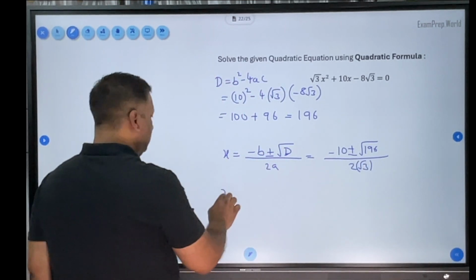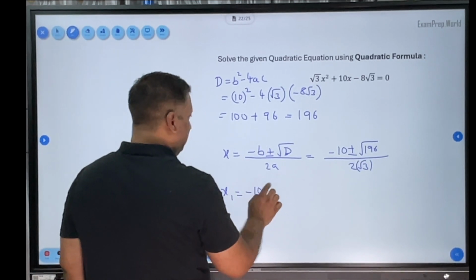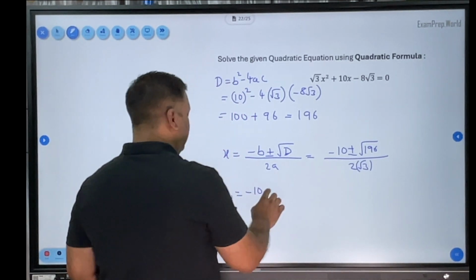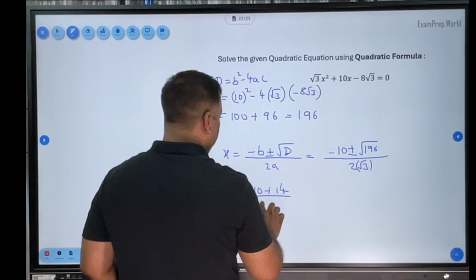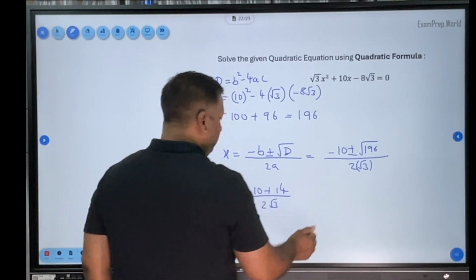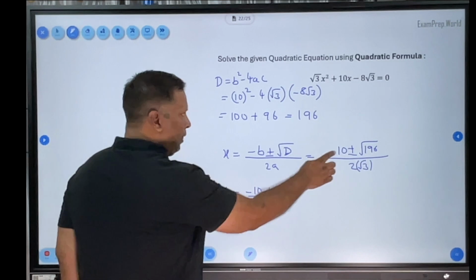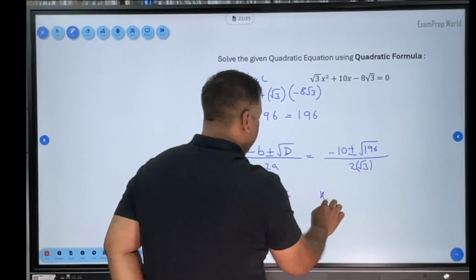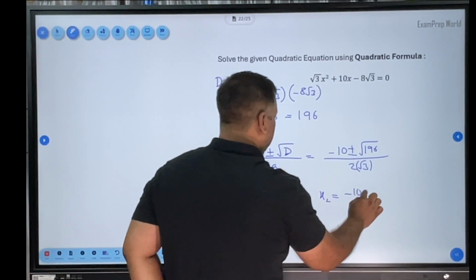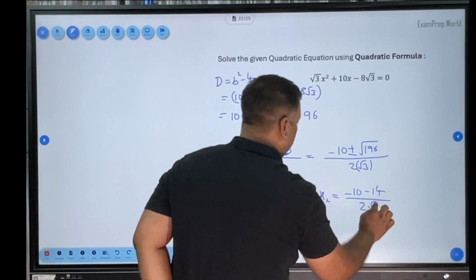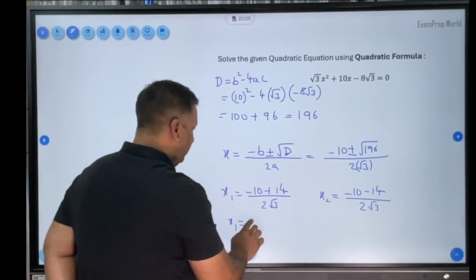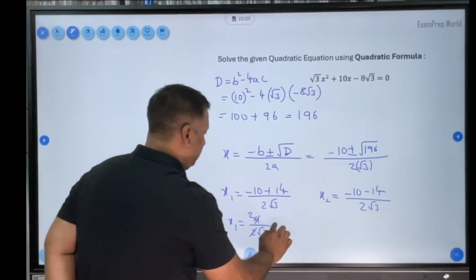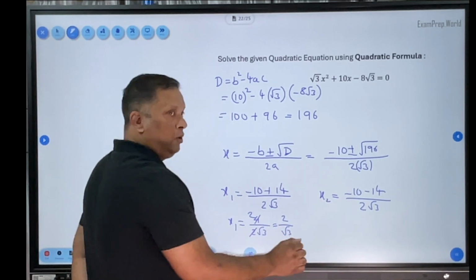So what are our x values? x1 is minus 10 plus root of 196, which is 14, divided by the denominator 2 root 3. And x2 is minus 10 minus 14 by 2 root 3. So our x1 value is 4 by 2 root 3. I can simplify this. It becomes 2 by root 3. And what is x2?